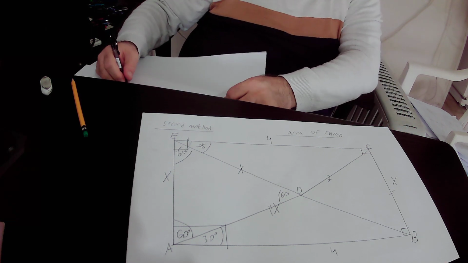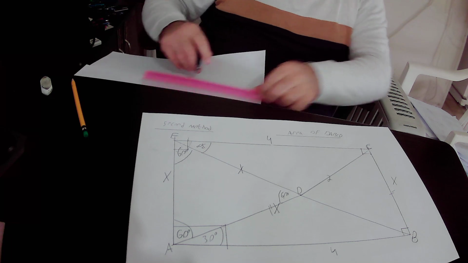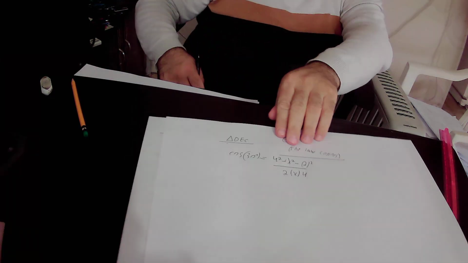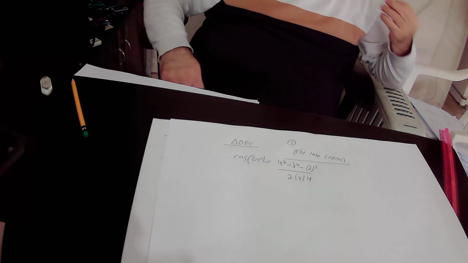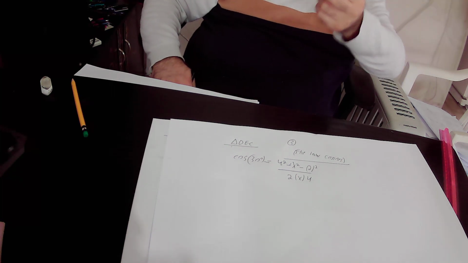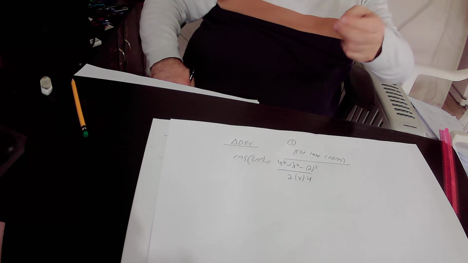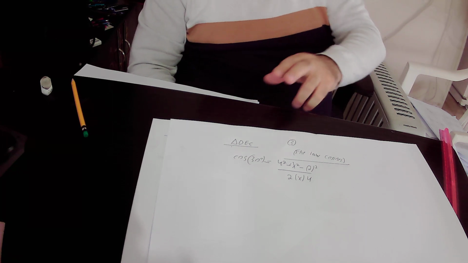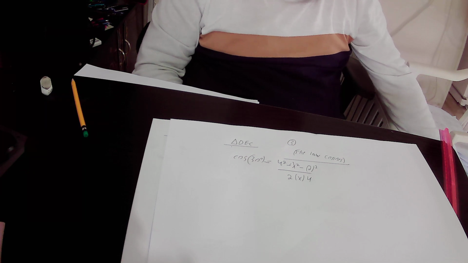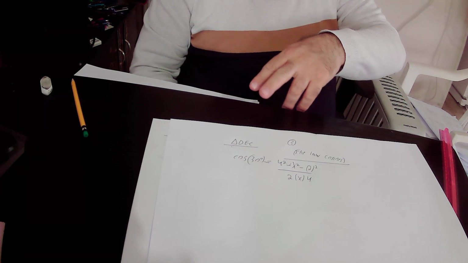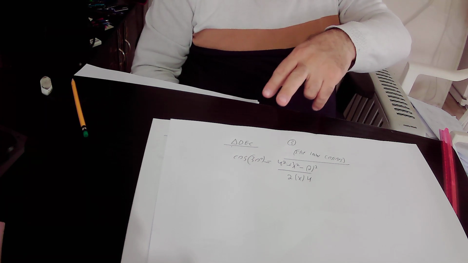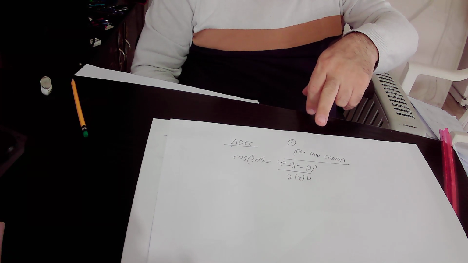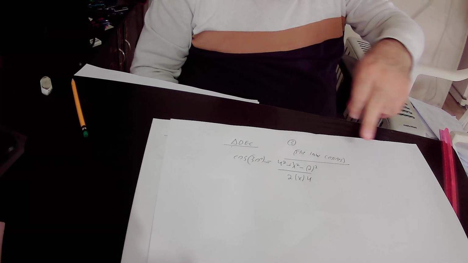I will repeat again. On triangle DEC, the law of cosines is true in any triangle, so we can implement it in any triangle. So in triangle DEC, we get that cosine 30 degrees equals 4 squared plus x squared minus 2 squared over 2x times 4.